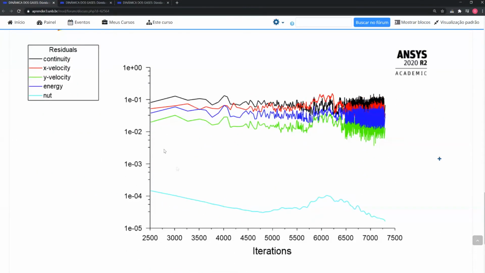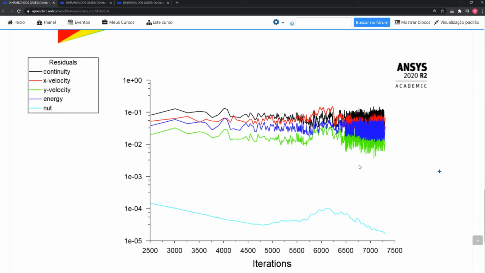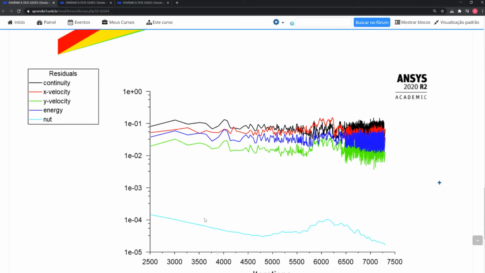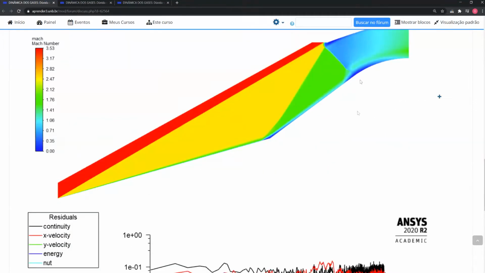So such a picture that is shown here about the convergence we can consider as already converged flow, finished flow. Okay, so don't worry if you receive such a result. This is quite normal when the big flow separation region appears in this transition from supersonic to subsonic in the boundary layer.